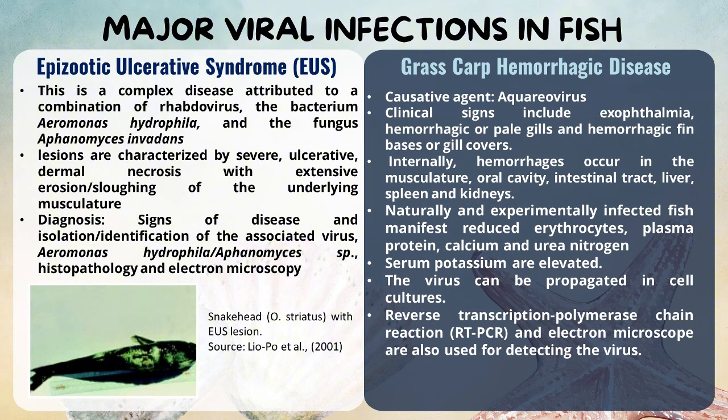For the diagnosis, the virus can be propagated in cell cultures of GCK84, GCG, and GCF yielding titers as high as 10^8 to 10^9 median tissue culture infectious dose per ml. In vitro replication is considered optimum between 28 and 30 degrees Celsius, inducing CPE in 3 to 4 days post-inoculation. Reverse transcription polymerase chain reaction, or RT-PCR, and electron microscopy are also used for detecting the virus.